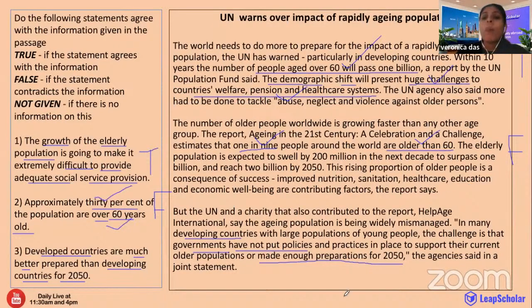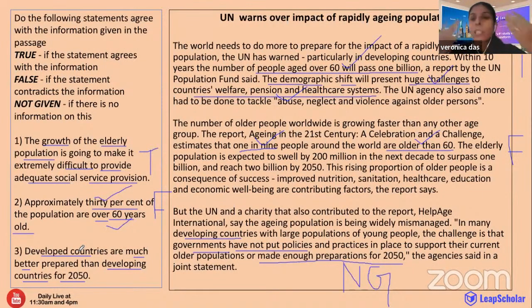Okay, so why is the answer not given? Can you tell me why is it not given? Correct, because your statement is talking about developed countries being prepared more than developing countries, but our paragraph is talking about how developing countries are not prepared. So there is no information about developed countries.